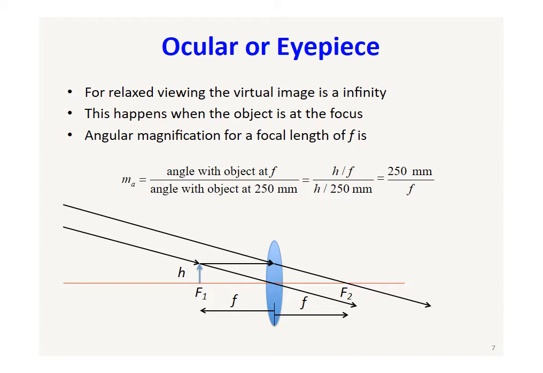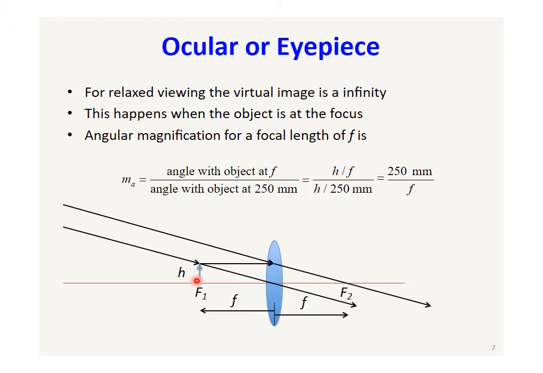We are in fact looking at an intermediate image of an object that is somewhere else. A previous lens system has formed this image. So when we are looking into the eyepiece, we are looking into the optical system.